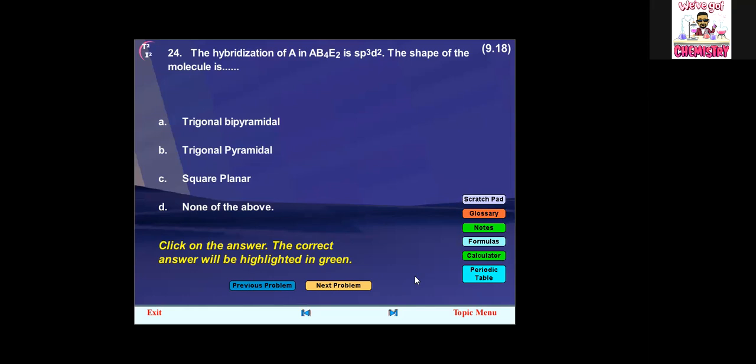The shape of the molecule is blank. So if you have 1, 4, 6, so 5, means 6 electron charge clouds. What will be the shape of the molecule? Identify the hybridization of iodine in IF5.